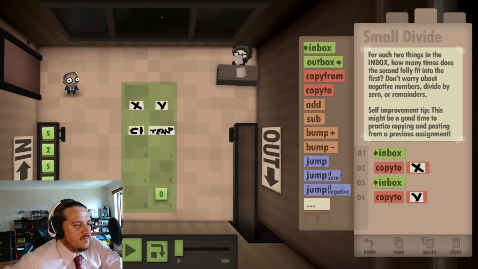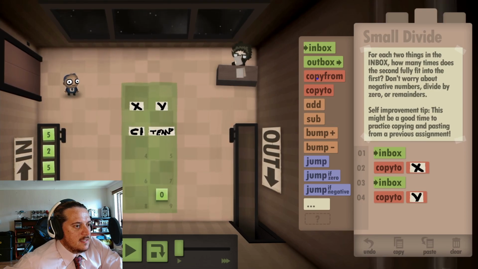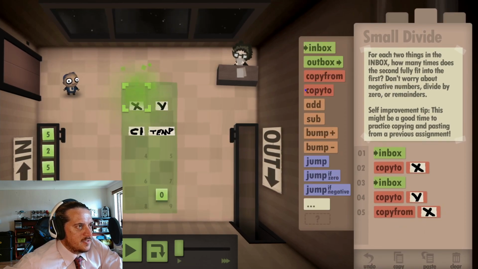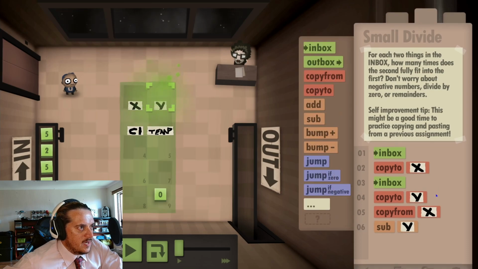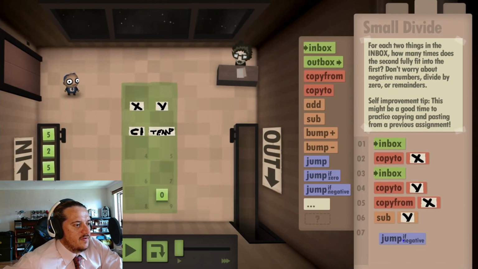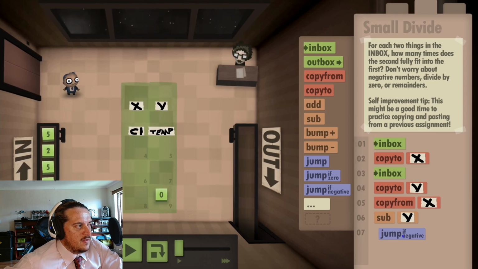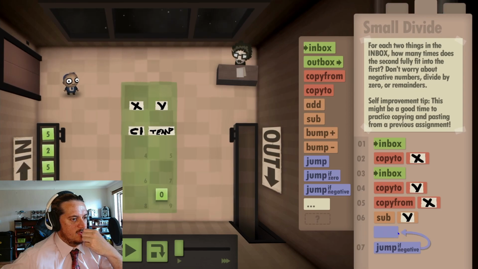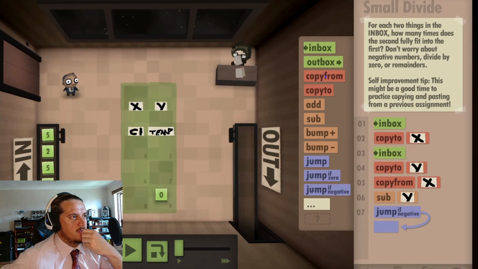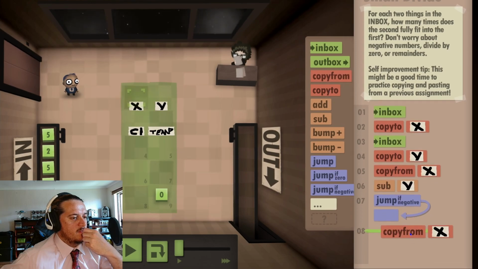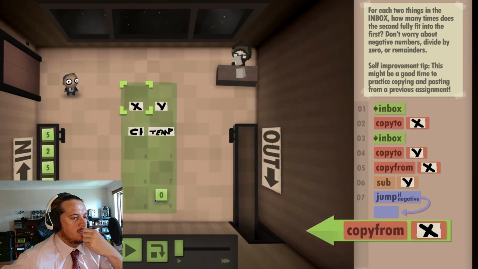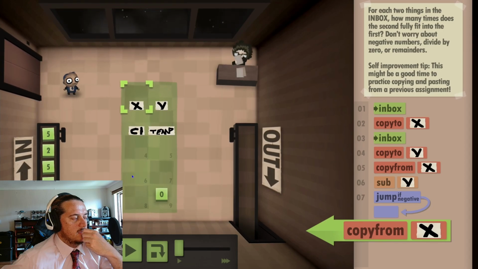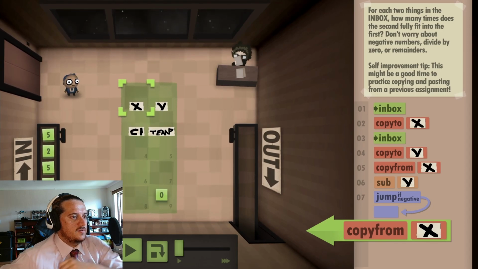So now, if I say copy from X, subtract Y, if negative, copy from... I need to do some more copying.